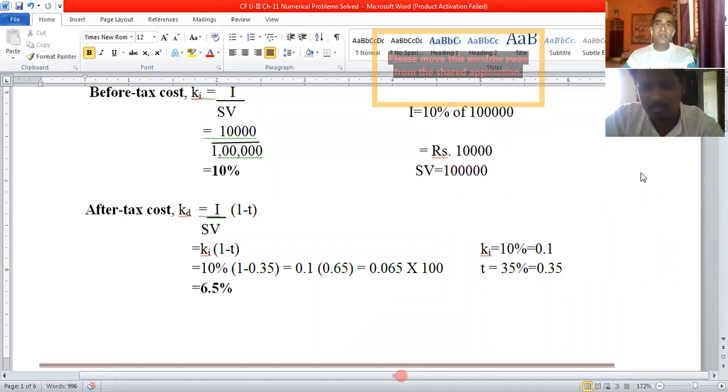Cost of redeemable debt means, if I say a 100 rupee debenture with 10% interest for 10 years, the face value of the debenture is 100 rupees and the debenture holder is entitled to receive 10% interest each year on 100 rupees, and at the end of the 10th year he or she will also get the 100 rupee refund.